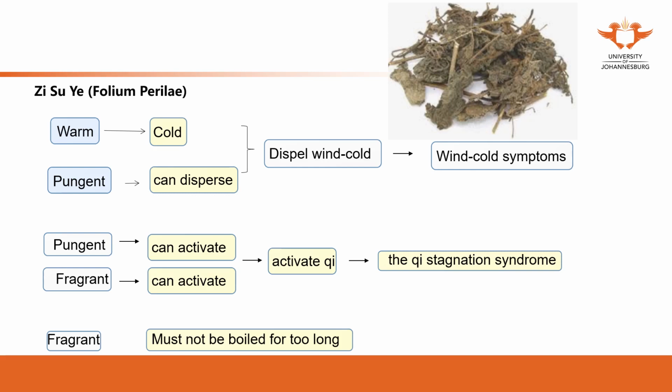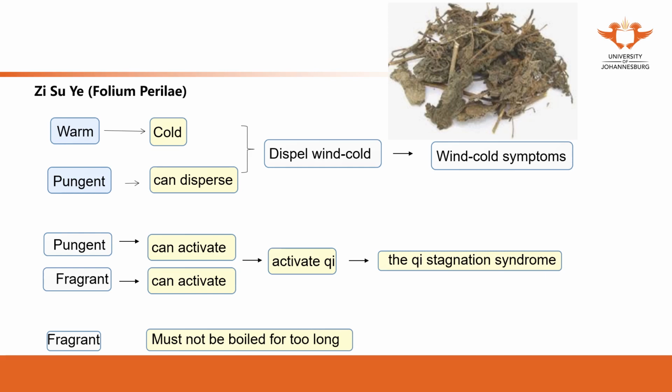Or the qi stagnation in the middle jiao, the spleen and stomach. The patient may present with nausea, vomiting, distending feeling in the abdomen, abdominal pain. Qi stagnation also may happen in the lower jiao.